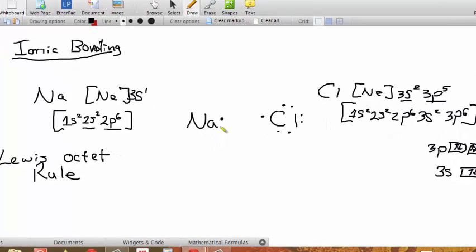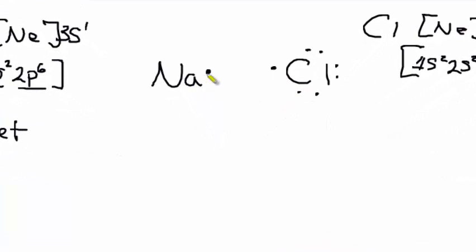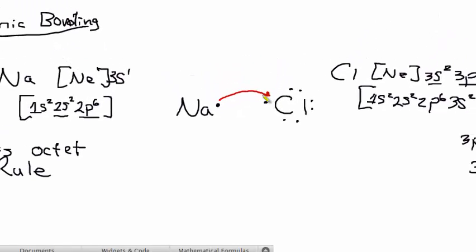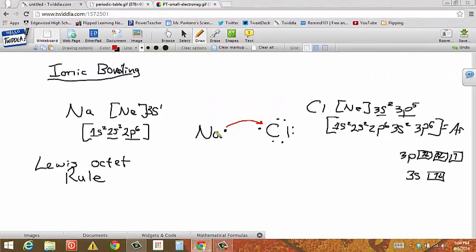So we can show what happens between these two elements if we simply allow sodium's 1 electron, its 3s1 electron, to be transferred over to chlorine. Sodium wants to get rid of 1 so that it will have 8. Chlorine wants to gain 1 so that it will have 8, like argon.